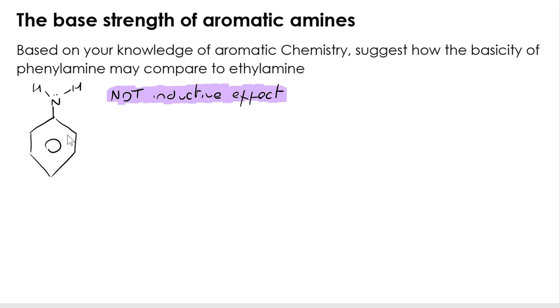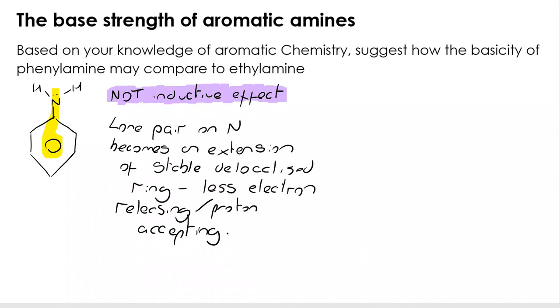We've actually got an incredibly stable delocalized ring of electrons here. And what actually happens is the lone pair on the N is close enough to that electron ring to almost get absorbed into it, to become an extension of that stable delocalized ring. That makes this particular amine far less electron releasing and therefore far less proton accepting.